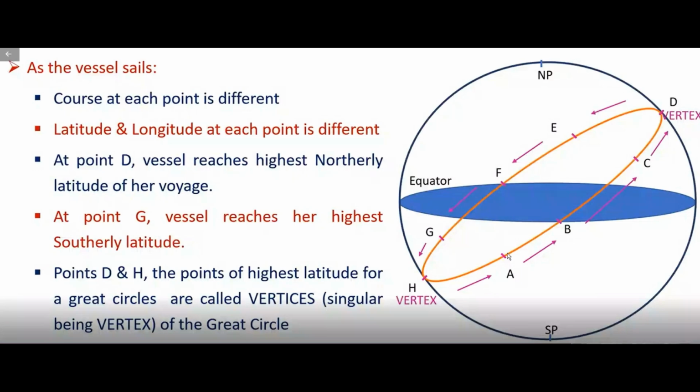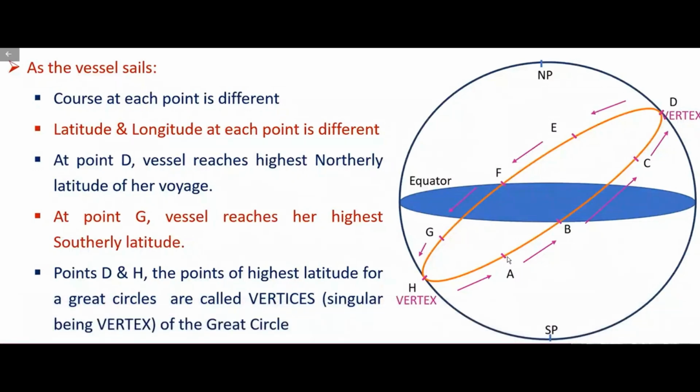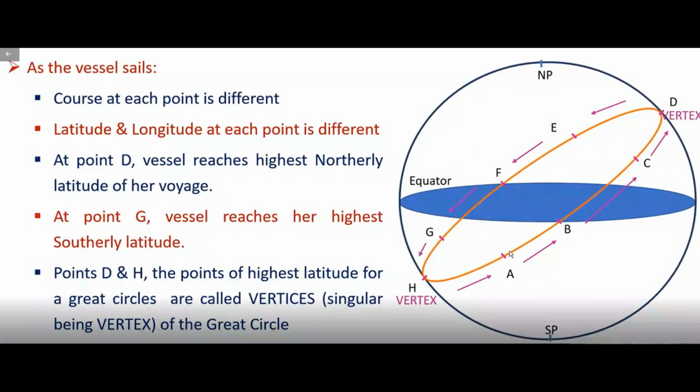As far as the ship is concerned, the highest latitude where the ship will go is point A, because the ship is traveling between A to B only. But even in that case also, the vertex which we will consider will be the same vertex. In this case, we will be considering H as our vertex.